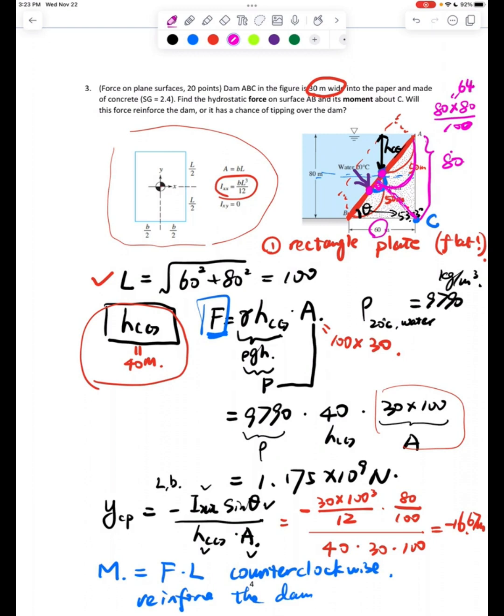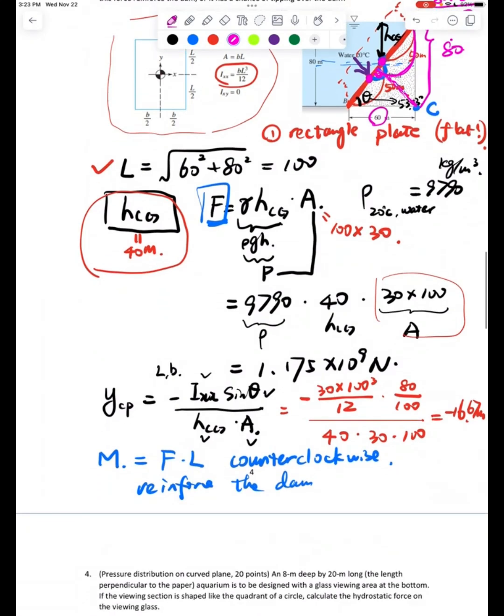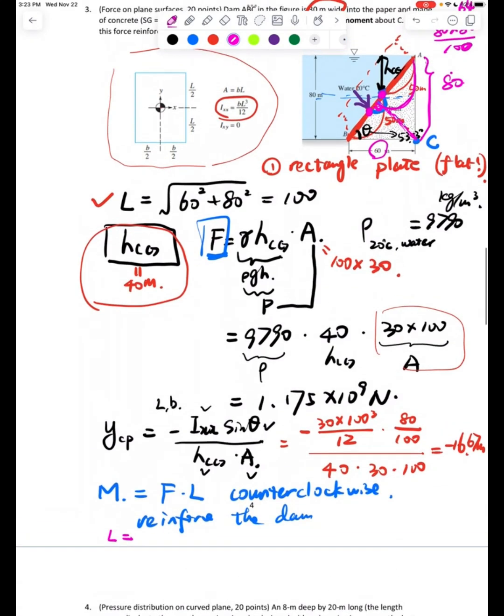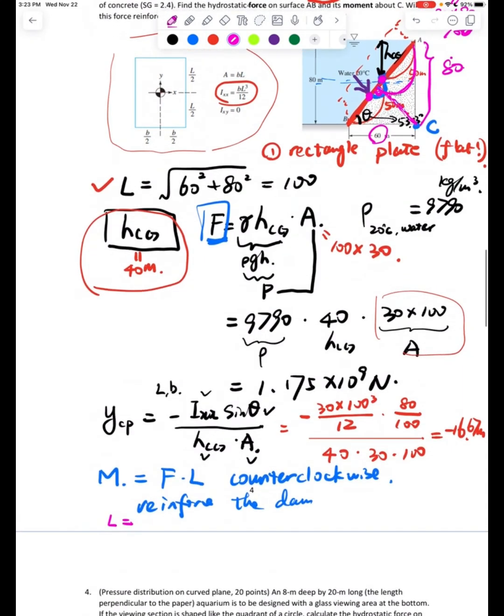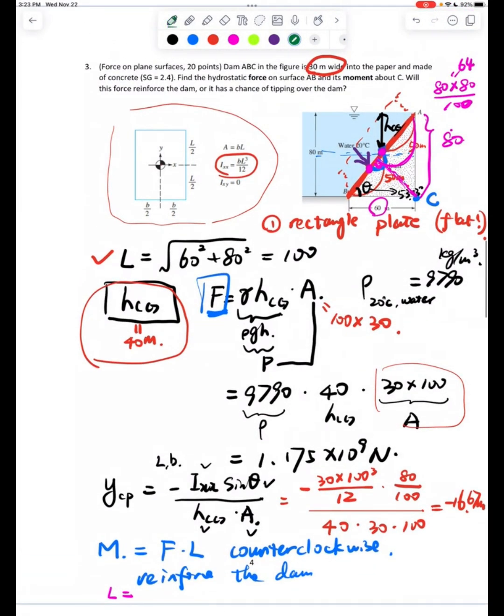So this L equals, let me see how I get the Y, it equals this part, let me use green, it equals this part minus this part.